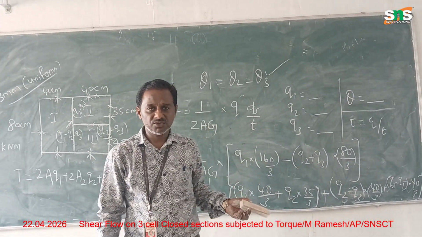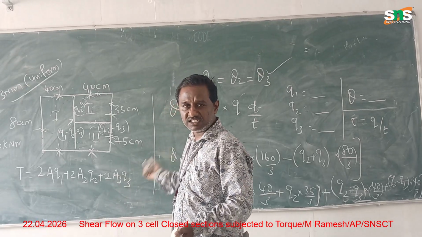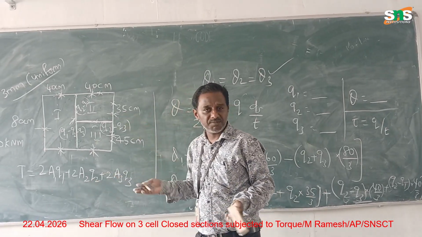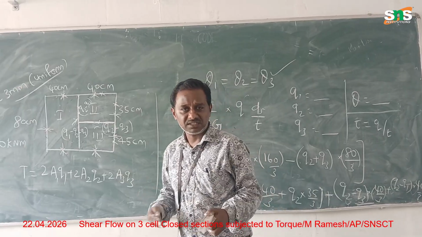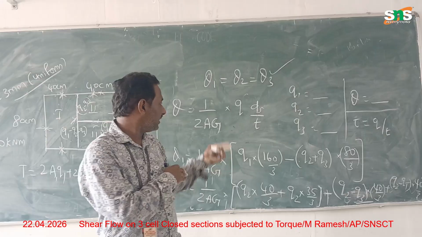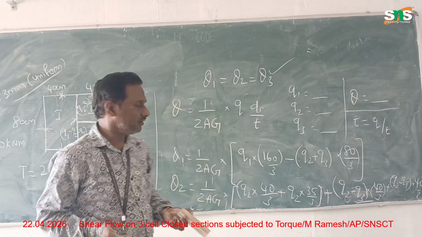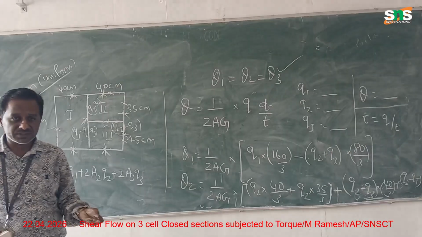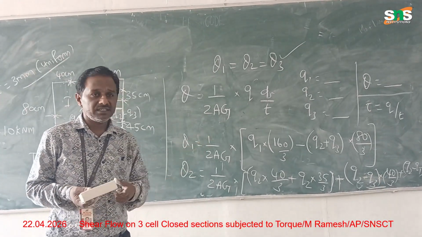It is a very easy problem; the only thing is the mathematical approach. You should know the concept of where the shear flow will be split or distributed or acting independently. Then we can apply the compatibility equation, and finally get the shear flow values, the angle of twist per unit length, and then the shear stress values.